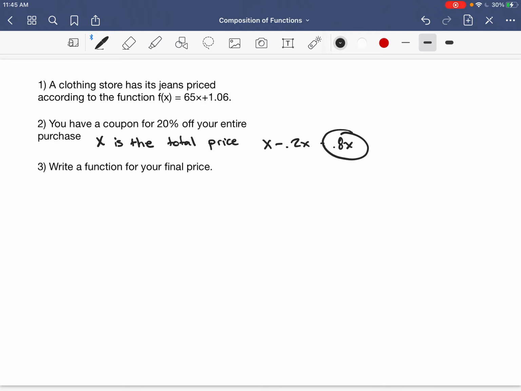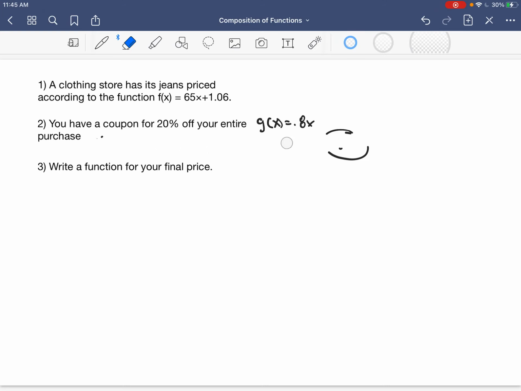So we have this other function: g of x equals 0.8x. Now we have our two functions, g of x equals 0.8x and f of x equals 65x plus 1.06.